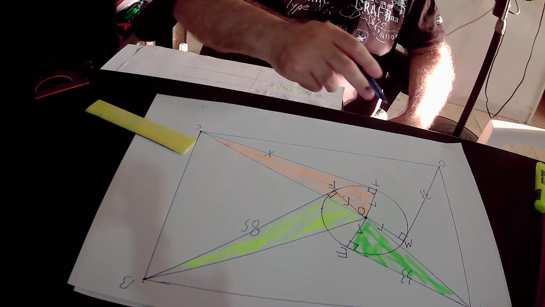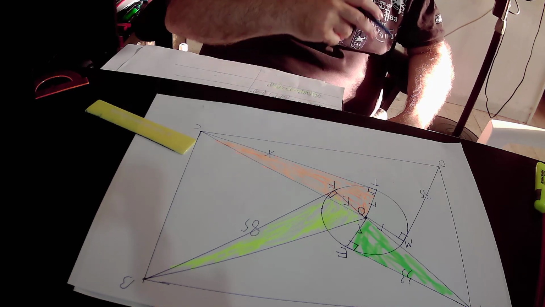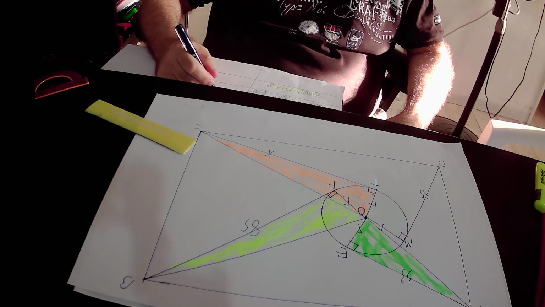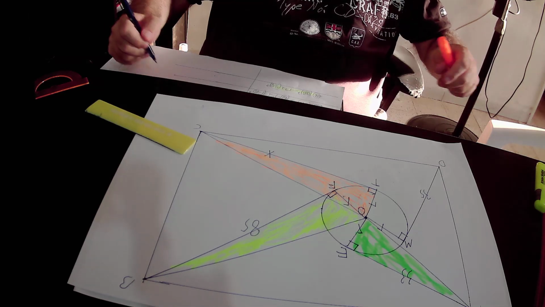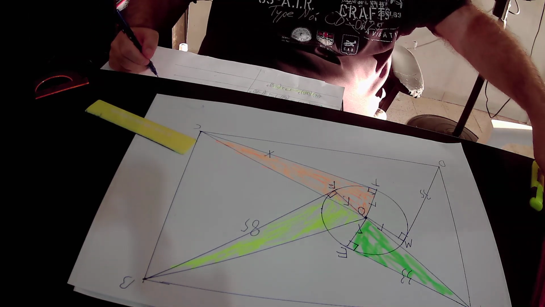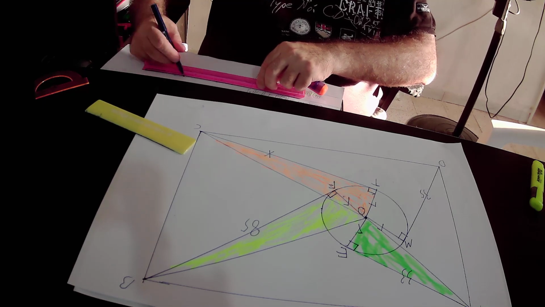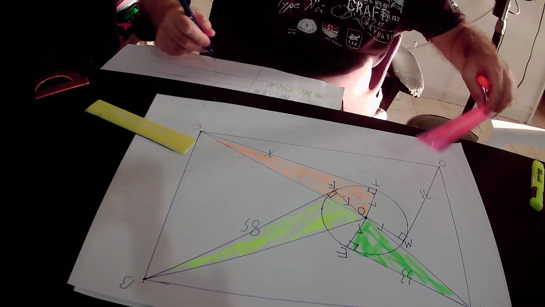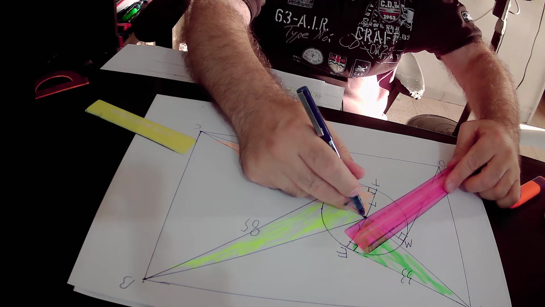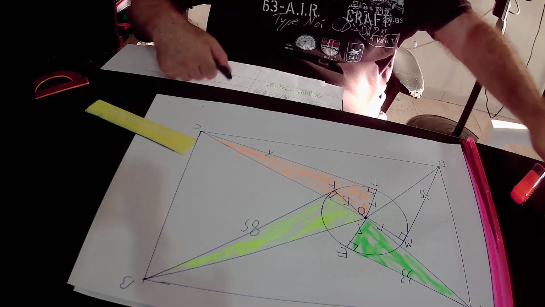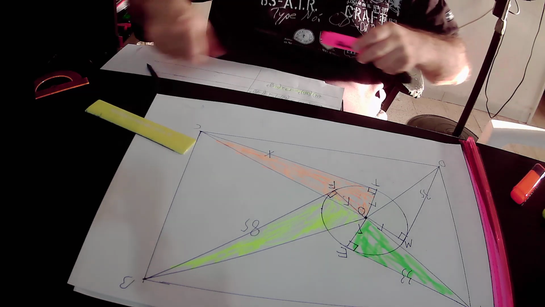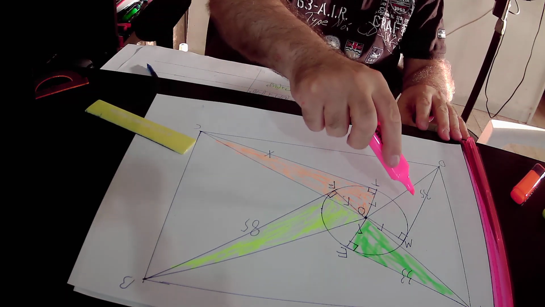In the next step, we'll join points D and O together by a straight line. We'll implement the Pythagoras theorem on the right pink triangle, triangle MOD.